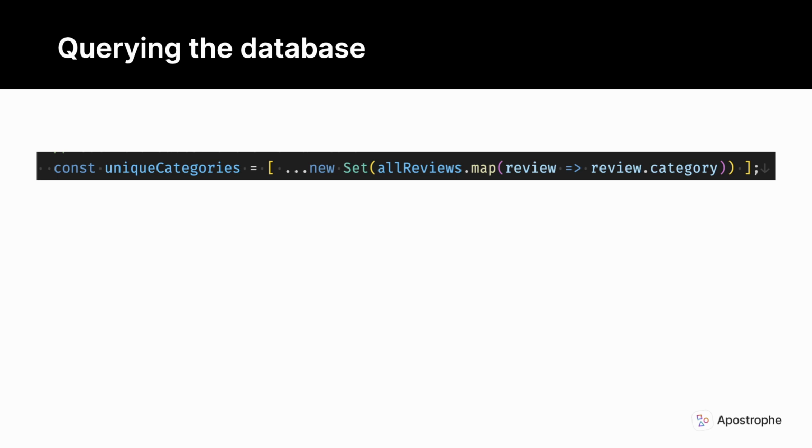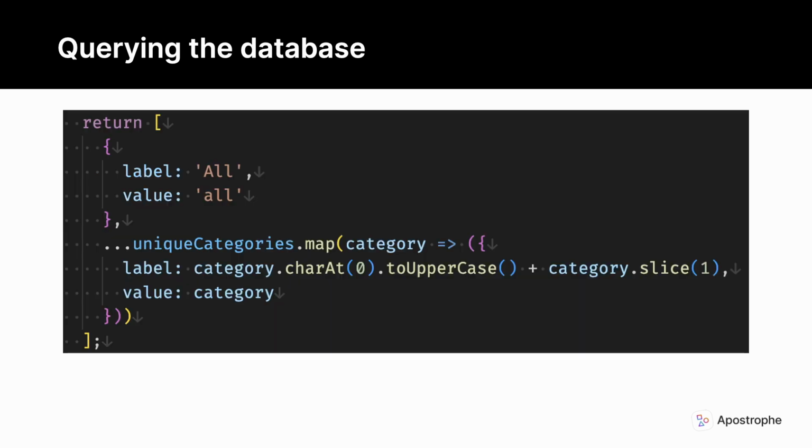Our next variable definition takes the returned query array, extracts all the categories, removes duplicates, and assigns the array of unique categories to uniqueCategories. Finally, we are returning an array of choices to the select schema field. We are adding an initial choice of all so that the editor can choose to have a page where results aren't filtered according to the review category. The first letter of each category is converted into uppercase so that the labels match our translation strings.